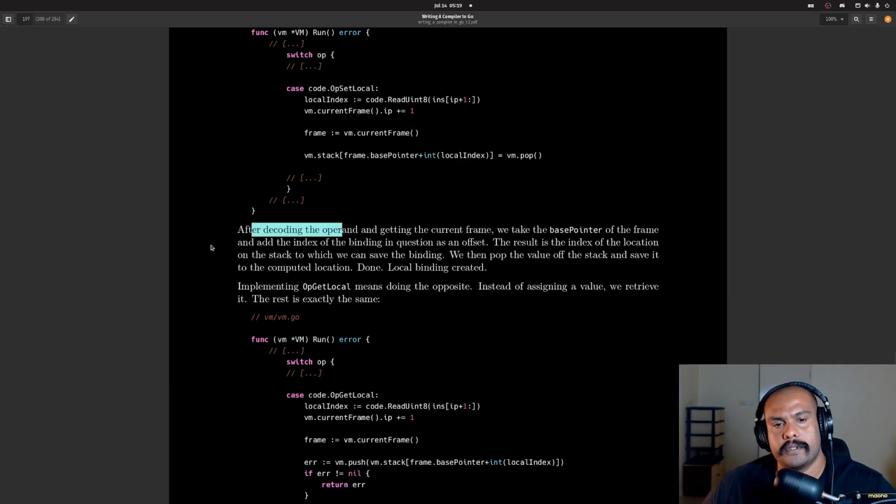After decoding the operand and getting the current frame, take the base pointer of the frame and add the index of the binding in question as an offset. The result is the index of the location on the stack to which we can save the binding. Then pop the value off the stack and save it to the computed location.